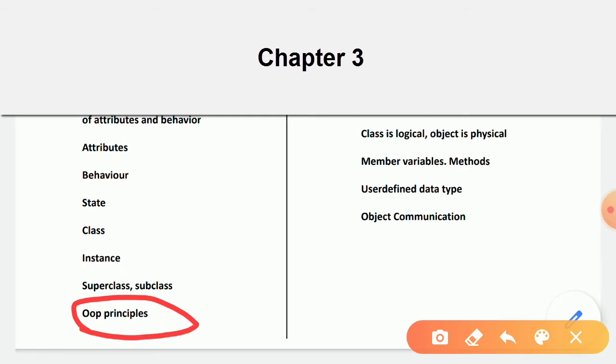So this is another level of abstraction. A mechanic's abstraction is different from a driver's abstraction. So there are different levels of abstraction.